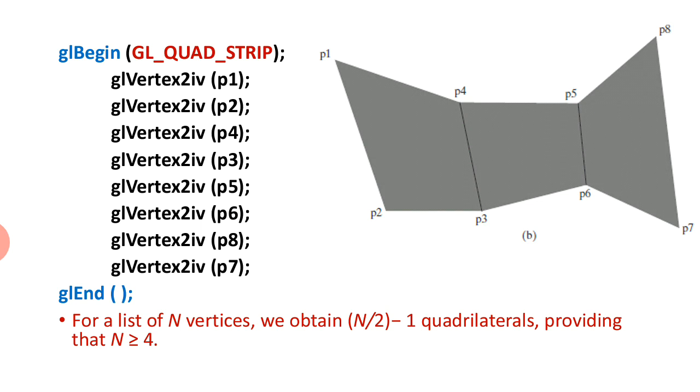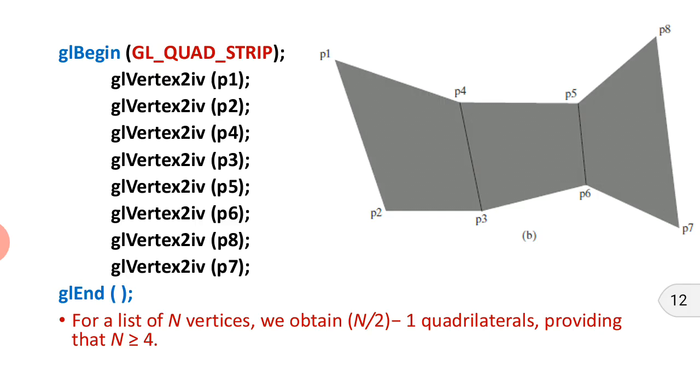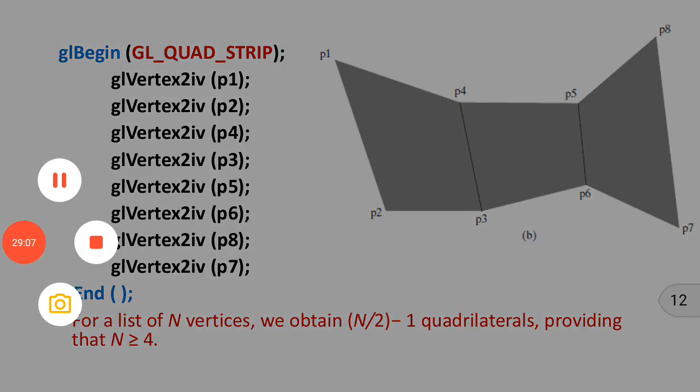Because to create any object, do remember that in OpenGL and computer graphics, every object is made up of primitives, where the very important primitives are polygons and quadrilaterals. To draw any object, we need to work with polygons, quadrilaterals and triangles. These are very important primitives in drawing any object in computer graphics.